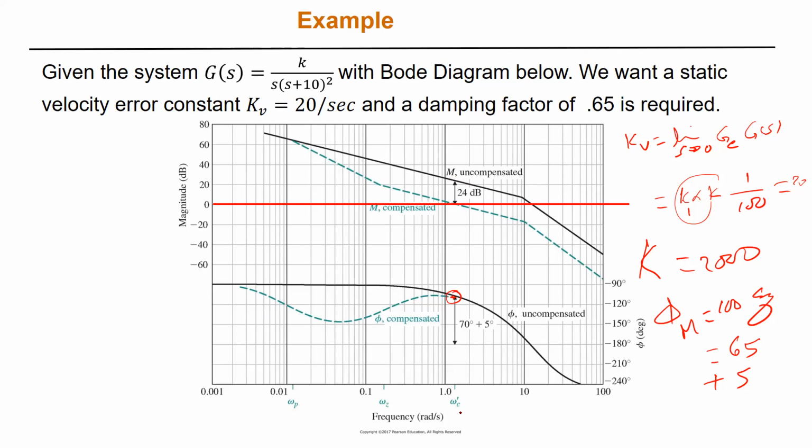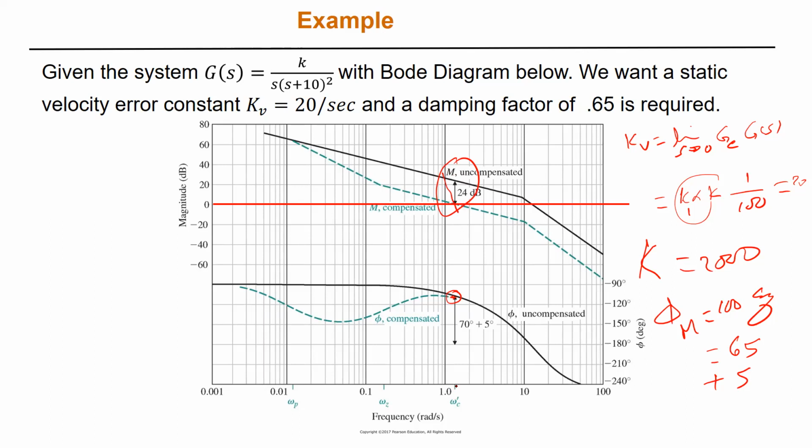So basically what we want is to force this one and bring it to 0. So I need to take out from the system 24 dB. At which frequency?